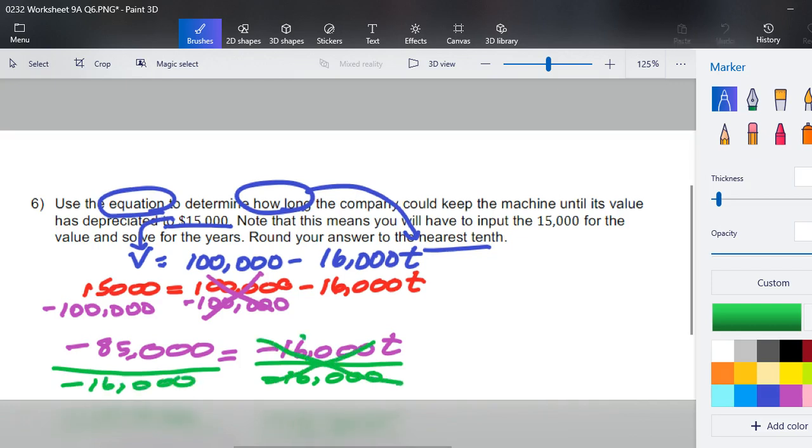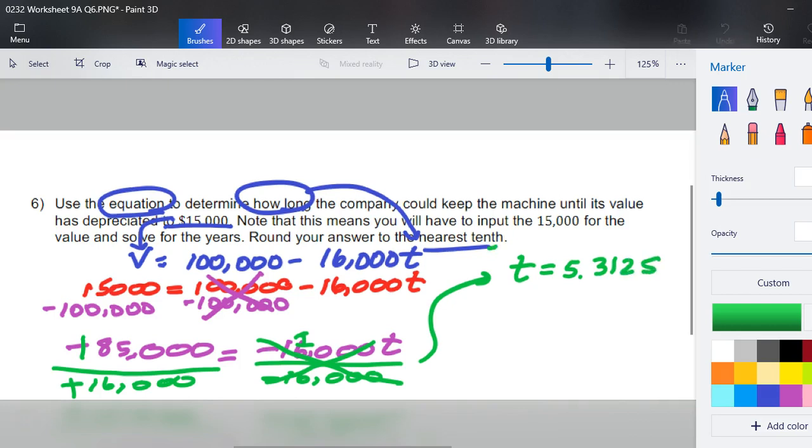All of this becomes a 1. And so from here, our time or our years will be whatever negative 85,000 divided by negative 16,000 is. I'm not even going to mess with the negatives because a negative divided by a negative is a positive. So I've just typed in the positive versions and I get this.